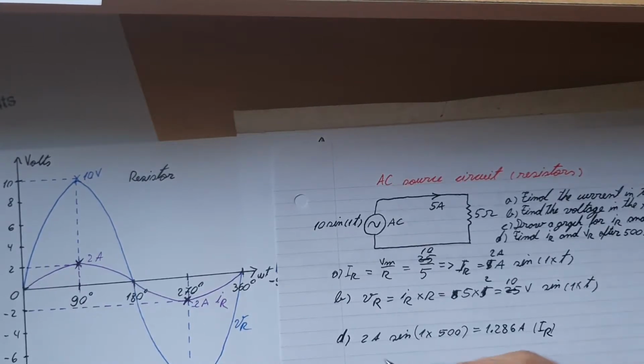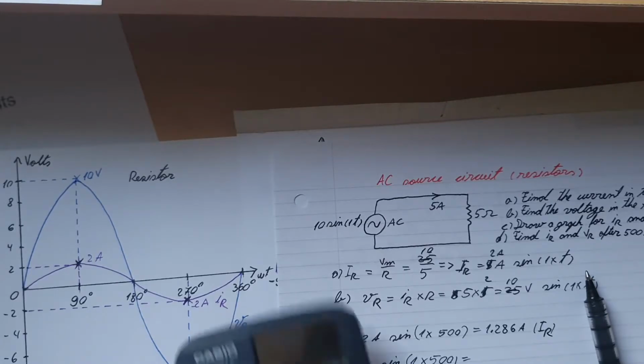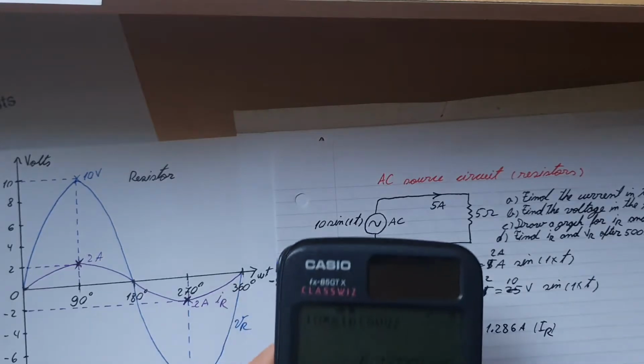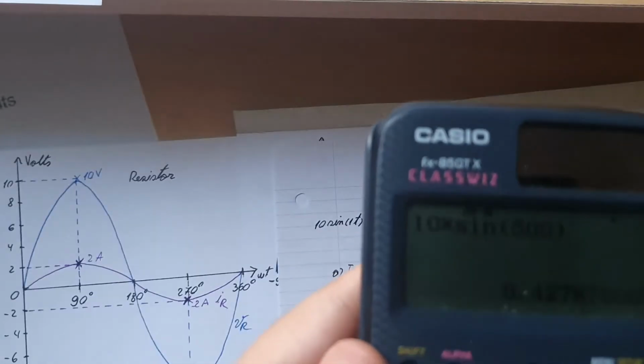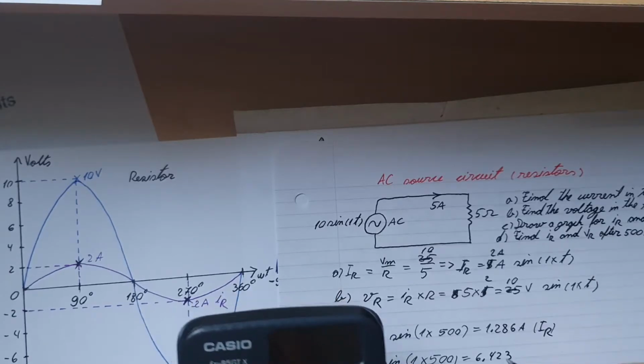So now let's do it for VR. VR will be 10 sine 1 times 500, and that will be equal to, let me get the calculator out again, 10 times sine 500, which is 6.423.